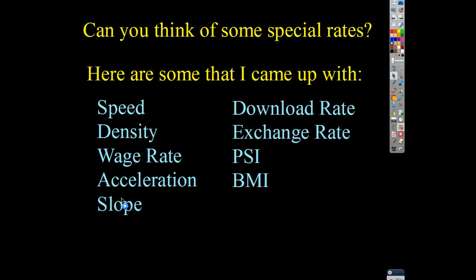PSI is something that measures pressure inside of something. So if you've ever pumped up your bike tires or a basketball or a football, there's typically a number on there. If you're pumping up a basketball, I think it recommends something like 10 PSI, and what it's really talking about is pounds per square inch. So it's the number of pounds of air inside of each square inch of the ball. That indicates pressure.